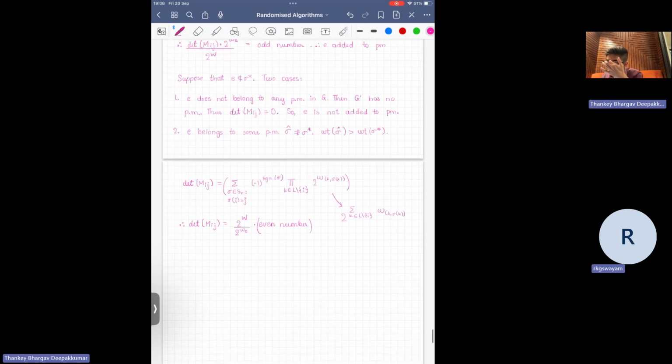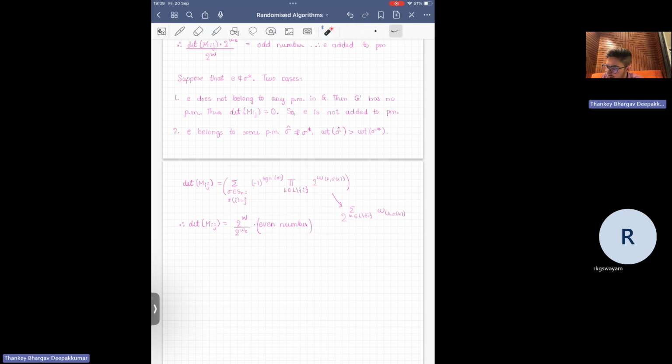So in this sum I have everything except WE for the perfect matching sigma. I am summing up the weights of all the edges in the perfect matching except the weight of E, and the weight of the perfect matching would be obtained by putting WE in the sum as well, right?